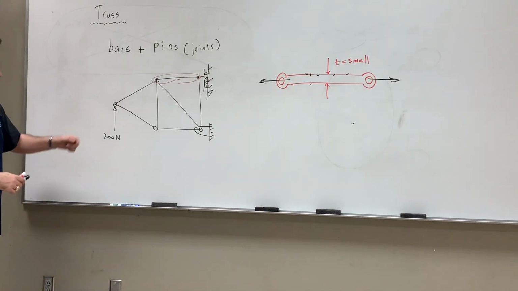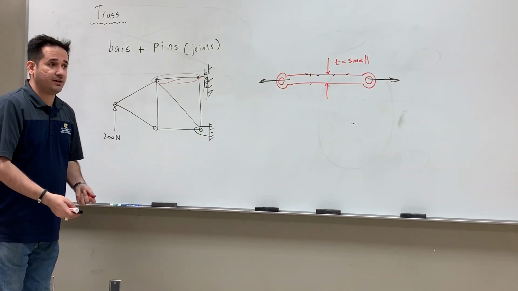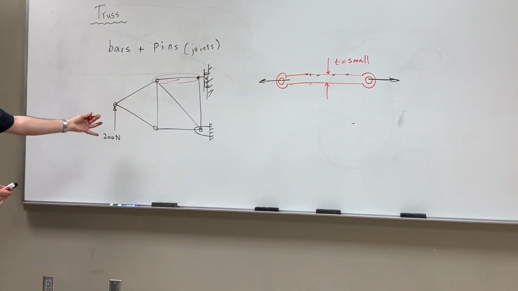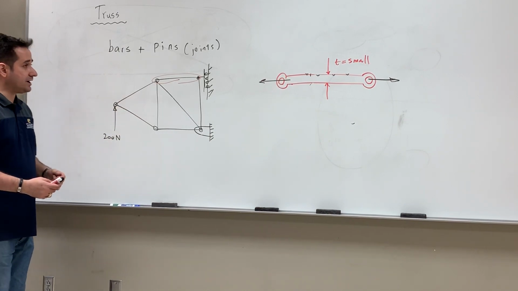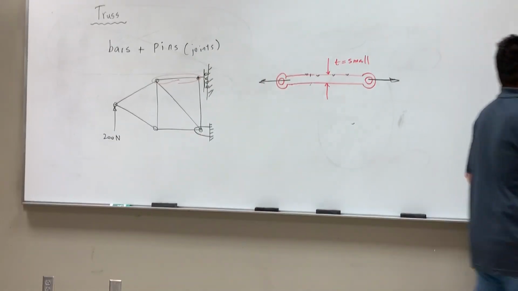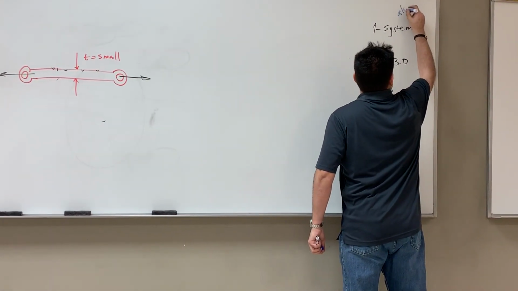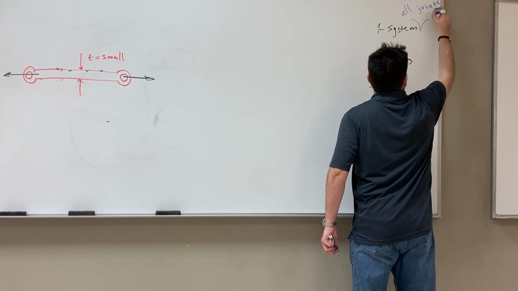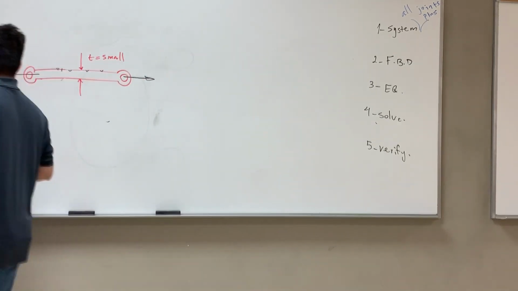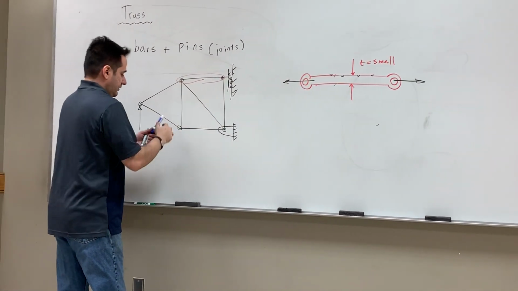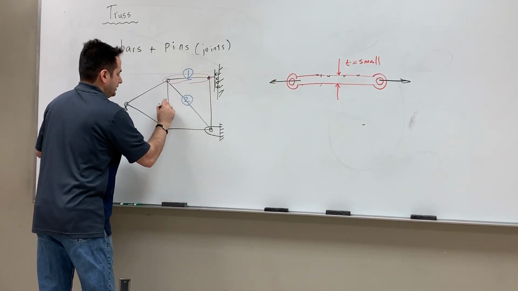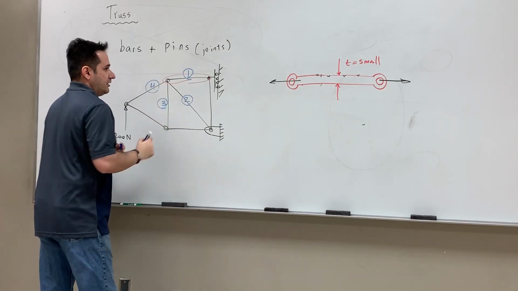So another thing I want to say: to analyze any structure, we have 5 steps, as we explained before. In the case of a truss structure, we can simplify these 5 steps by assuming that the system is all joints or pins. In fact, for example, for this connectivity here, let's number this bar 1, 2, 3, 4, right?